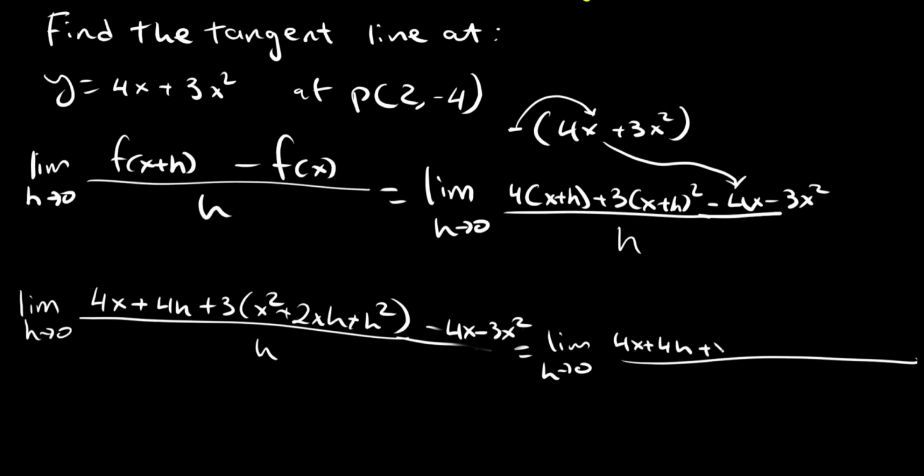This time I'm going to distribute my 3 in my parentheses. It's minus 4x minus 3x to the power of 2. I don't have any space. Right, now let's write it again here.